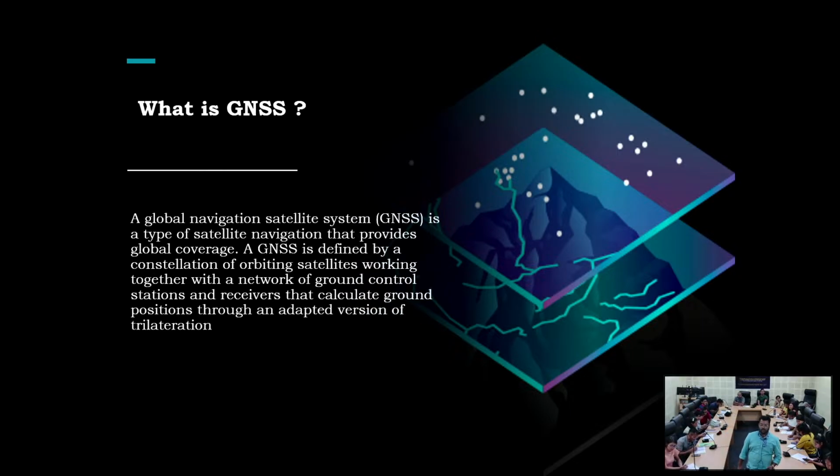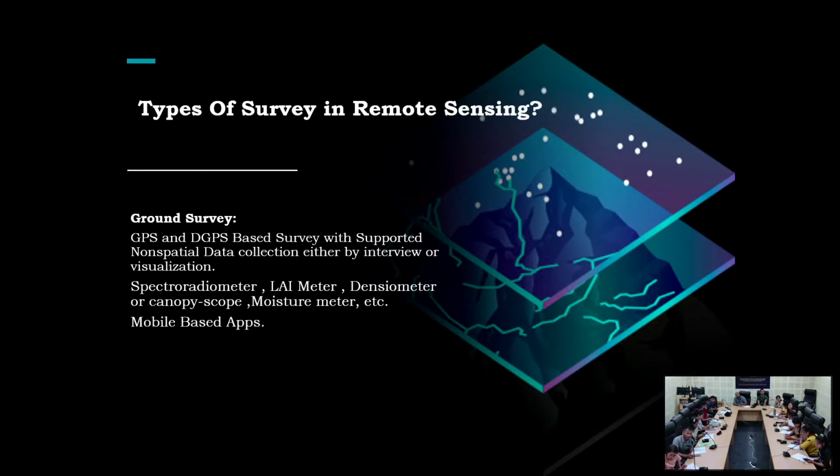Now we are changing our subject from field data collection or survey and remote sensing to GNSS. So before going to GNSS, just summarize this session, what you have learned in field data survey, and I'll ask one by one to everyone. So from where we will start?